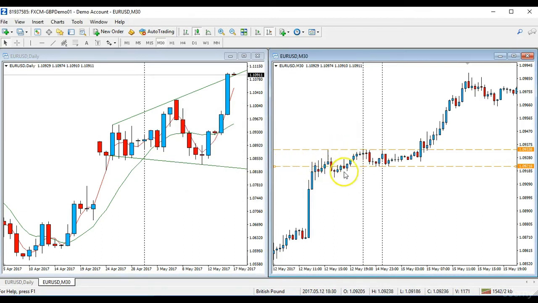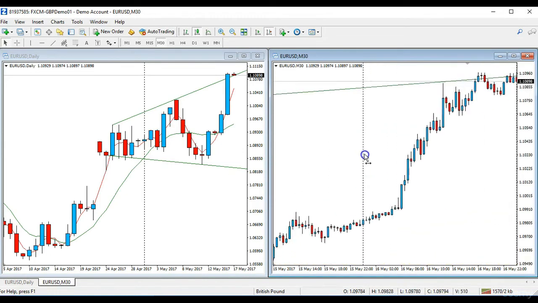Price hits this area, forms this sideways move, and then after the weekend, these two lines here stand for the weekend, it again forms this area of resistance, this sideways move, and then it breaks through with a big candle at about 6 a.m.